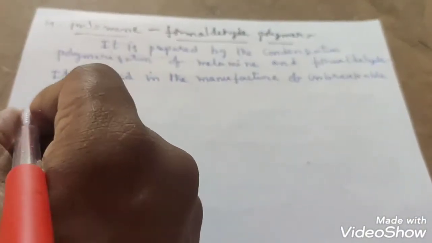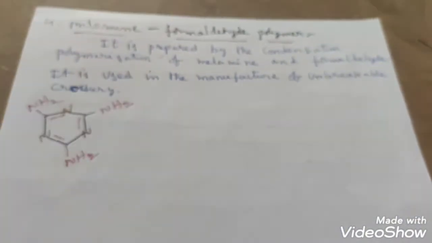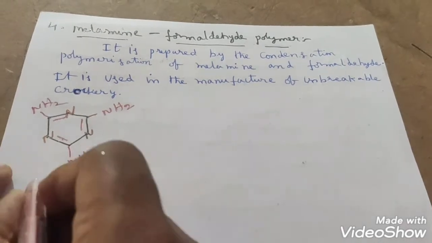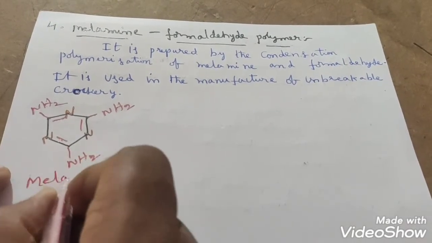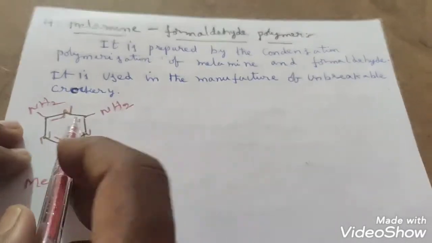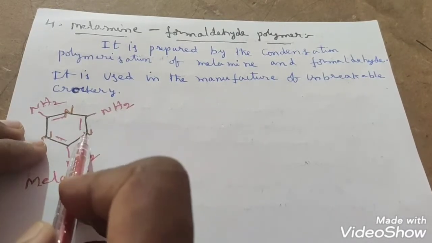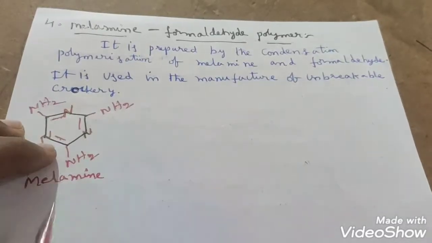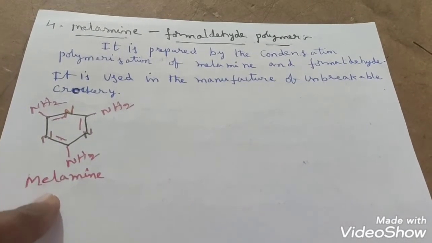Here also NH2 is present, right? So this structure we call melamine. Very simple. First it looks like a benzene ring, alternate positions have nitrogen atoms, and wherever the carbon position is, at that position if you take an NH2 group, then it becomes melamine.